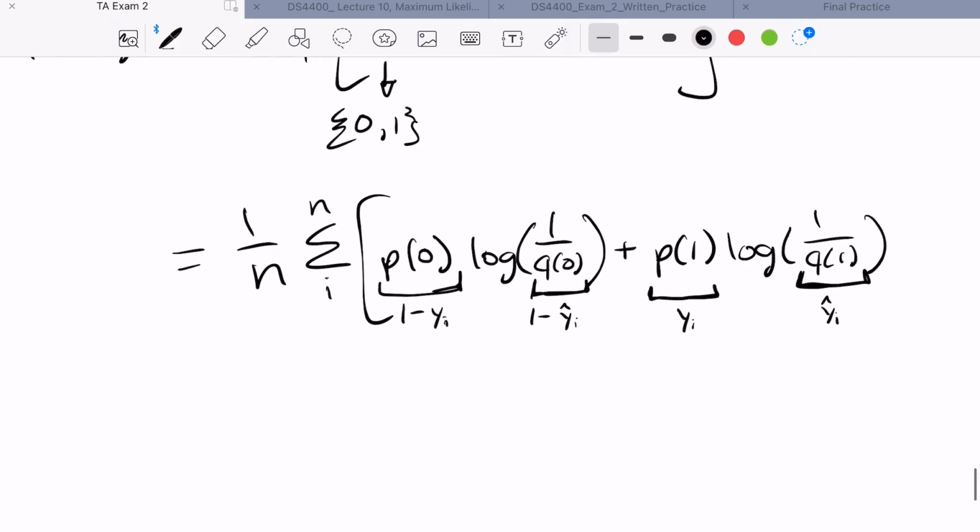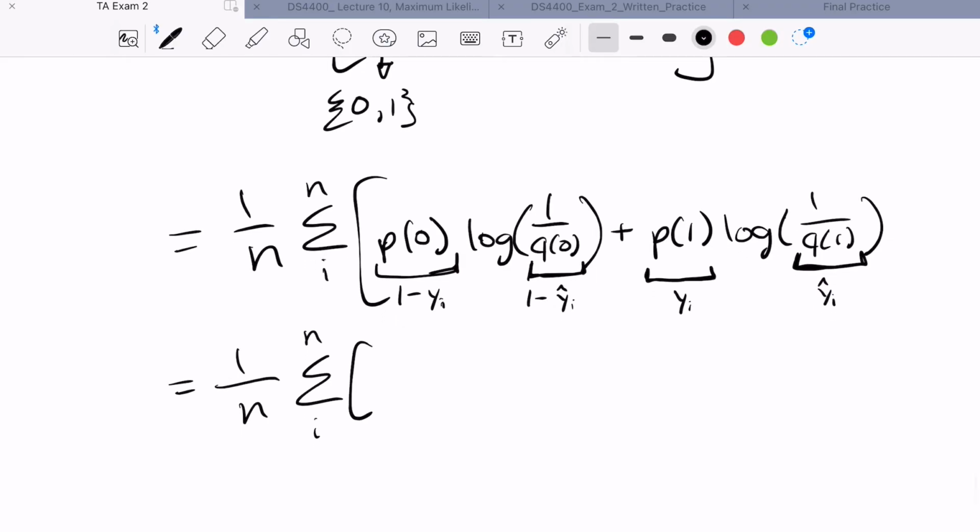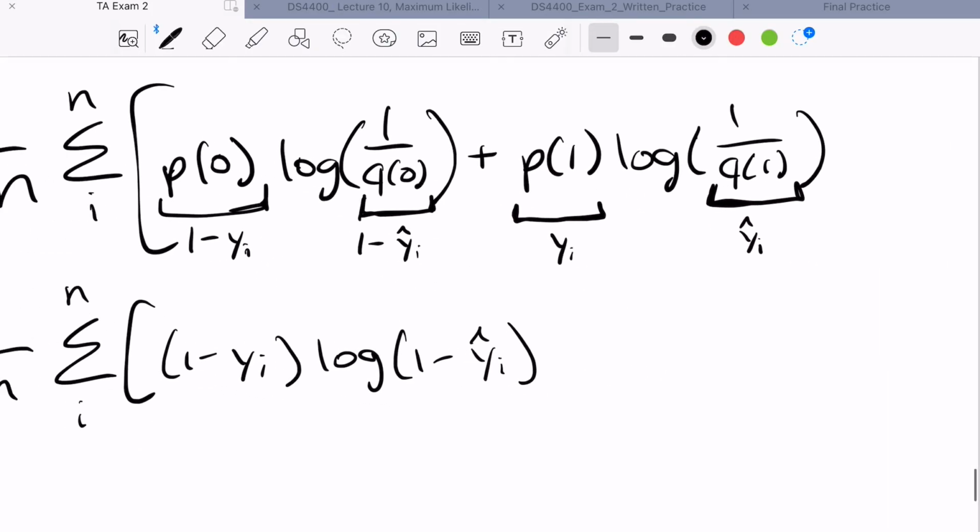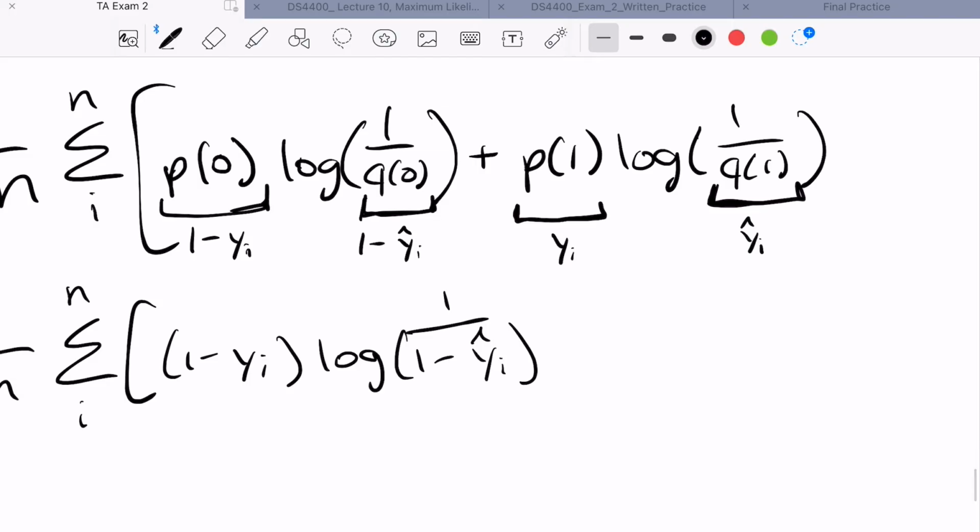So let's rewrite this equation. 1 over n sum i to n of 1 minus yi log 1 over 1 minus y hat, plus yi log 1 over y hat of i.